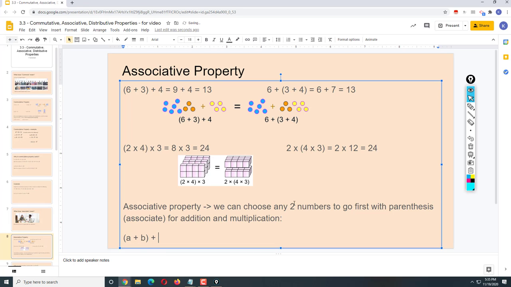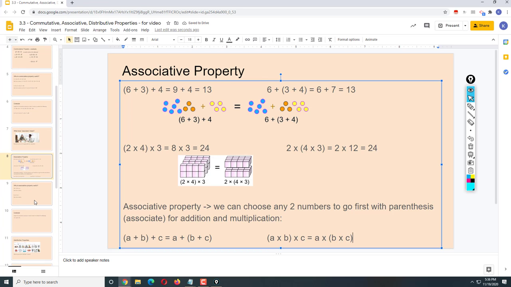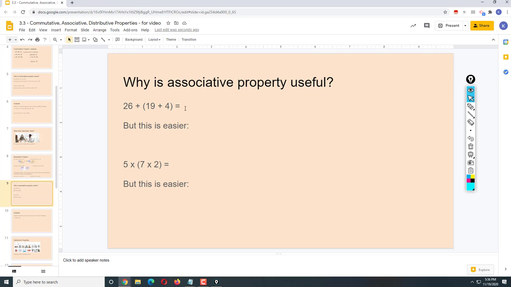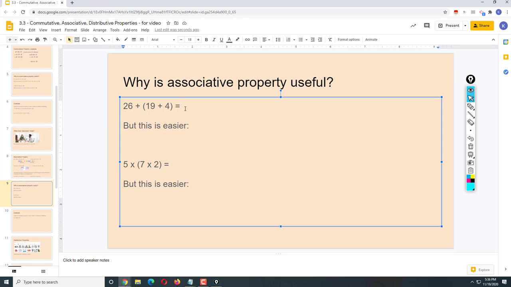A plus B plus C is equal to A plus B plus C, grouped either way. Also true for multiplication, but not necessarily true for subtraction and division. Why is it useful? Same reason as the commutative property, really. I can group them this way instead.